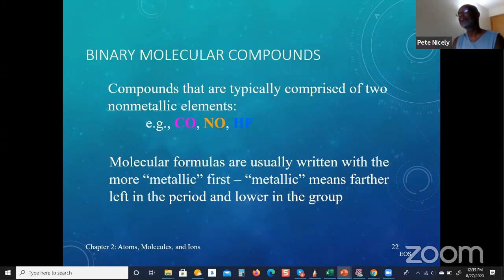The one with the lower electronegativity value would be considered more metallic, and therefore that element will end up in the first place in the formula for the binary molecular compound, right? So carbon is less electronegative than oxygen, so therefore we put the carbon first, followed by the oxygen, all right, for example.